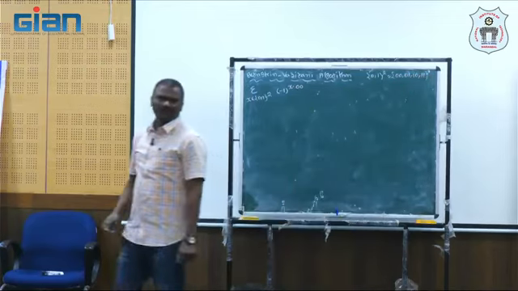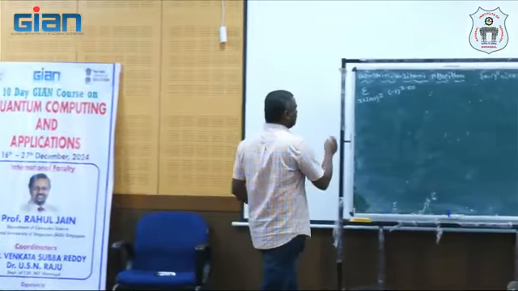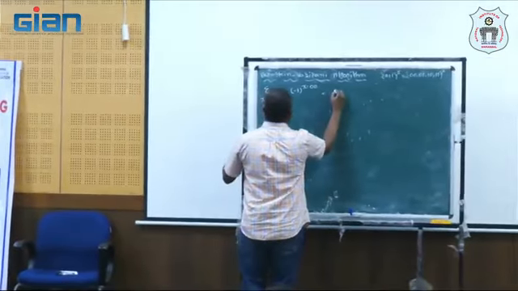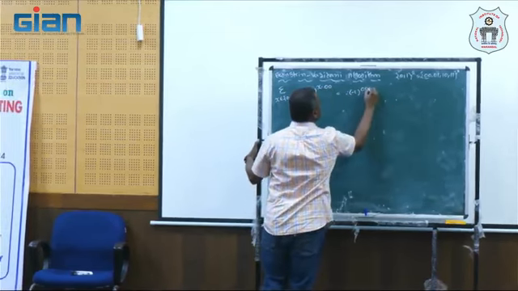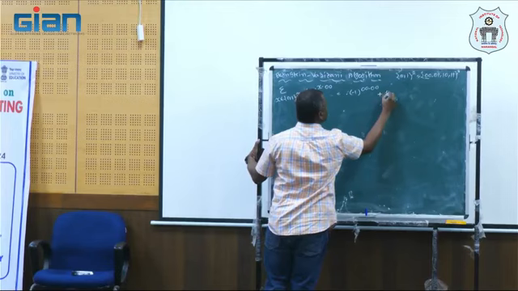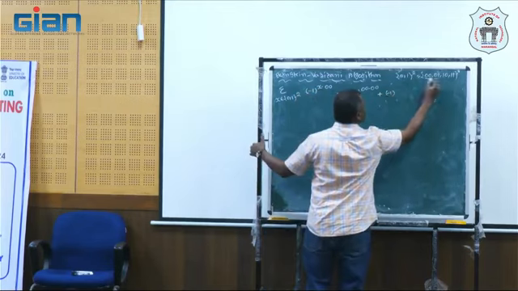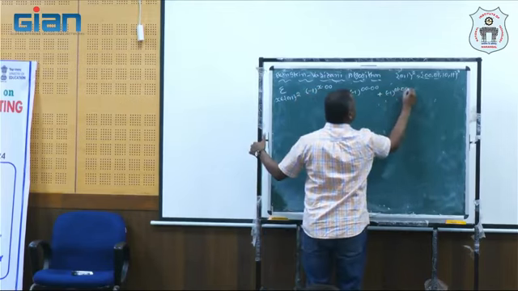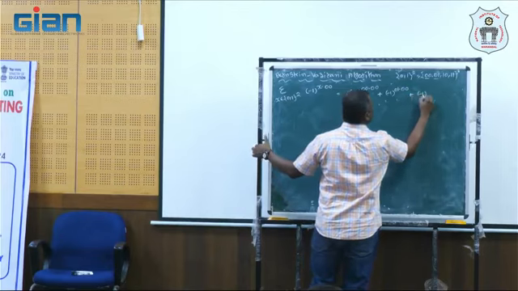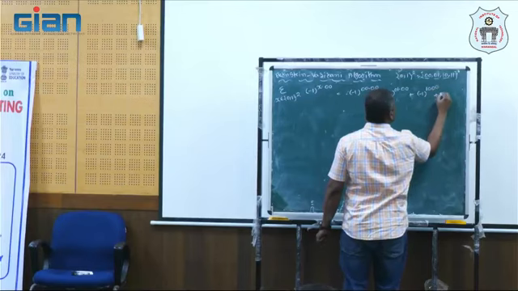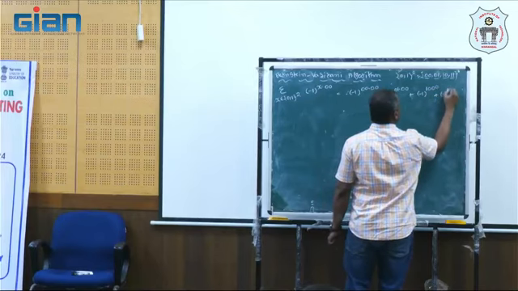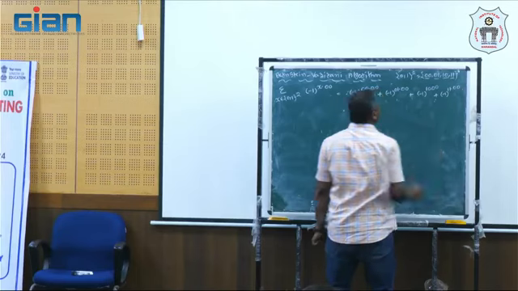So this is nothing but minus 1 whole power x dot 0 0, plus minus 1 whole power 0 1 dot 0 0, plus minus 1 whole power 1 0 dot 0 0, plus minus 1 whole power 1 1 dot 0 0.